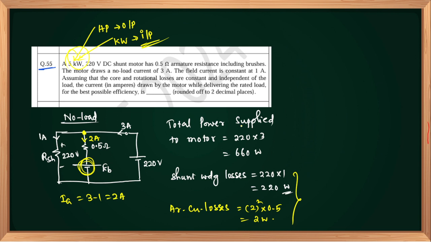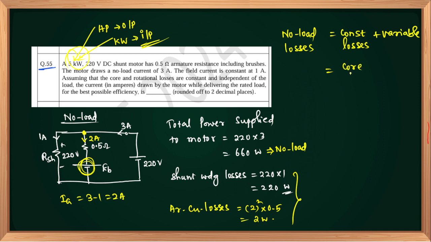This is the total no load loss. No load losses consist of constant losses plus variable losses. We got constant loss as core plus mechanical plus shunt field copper losses, and variable losses are Ia square into Ra.